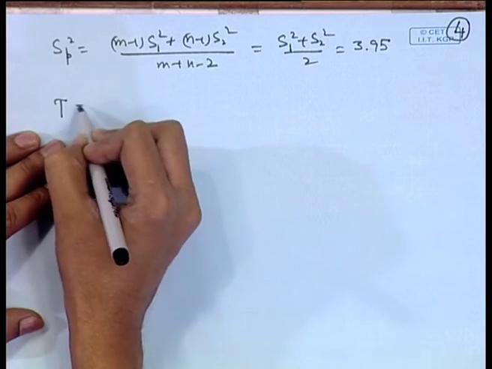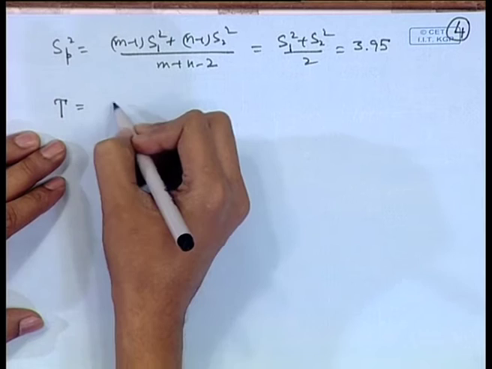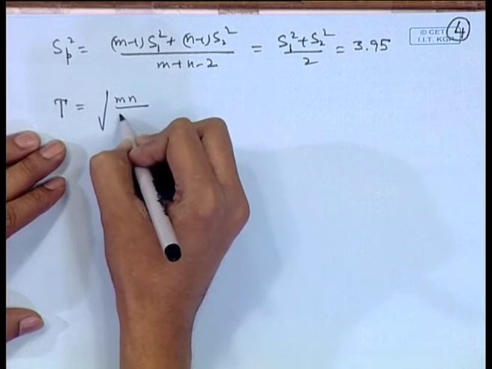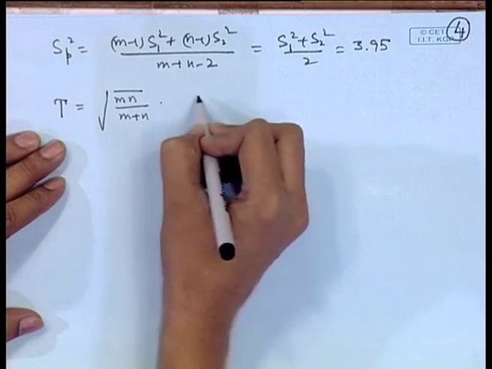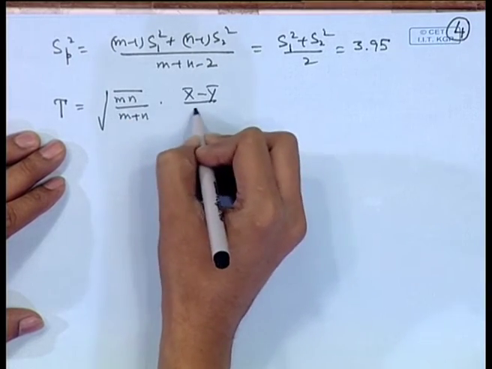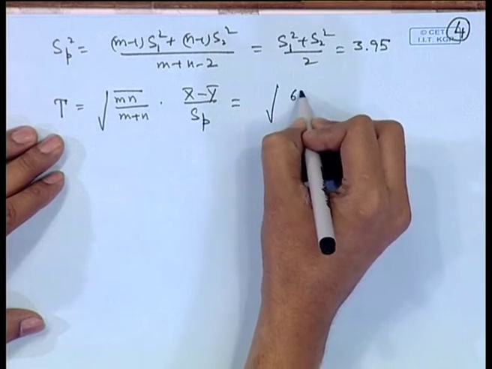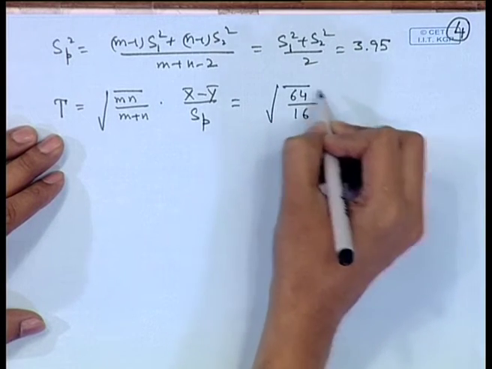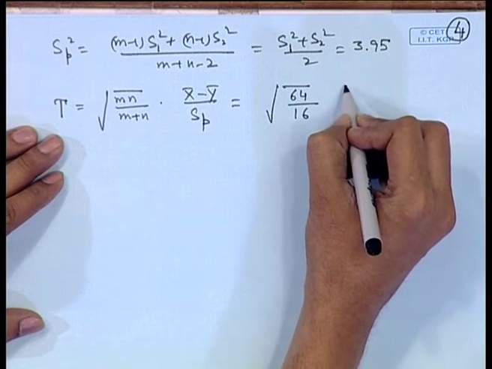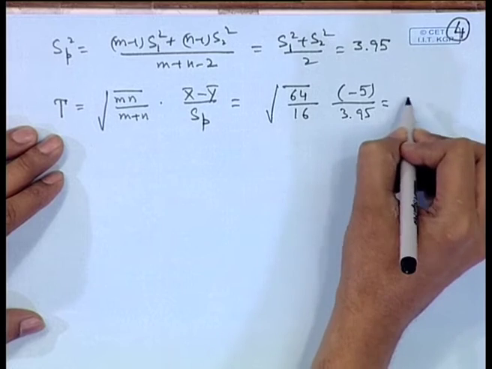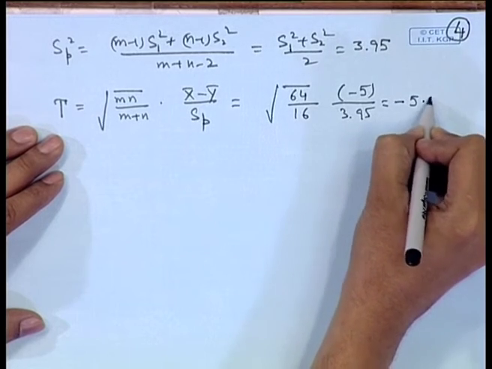So, the formula for the pooled test statistic here is square root of mn by m plus n, times x bar minus y bar by S_p. That is square root of 64 divided by 16, and this is minus 5 divided by 3.95. That value turns out to be minus 5.032.